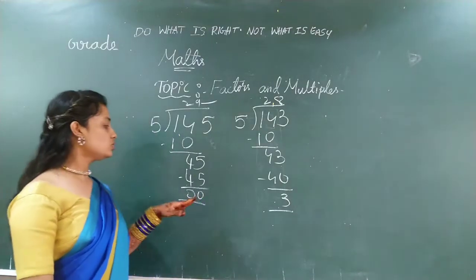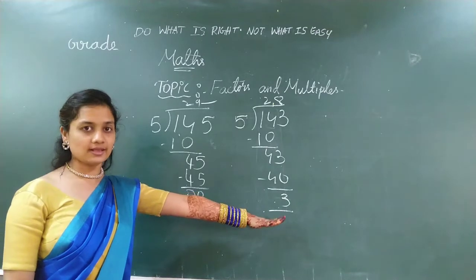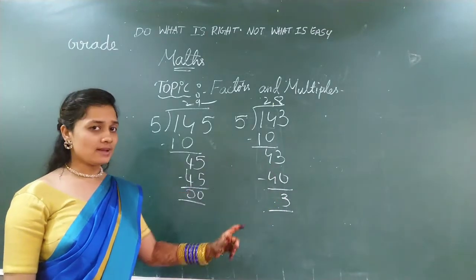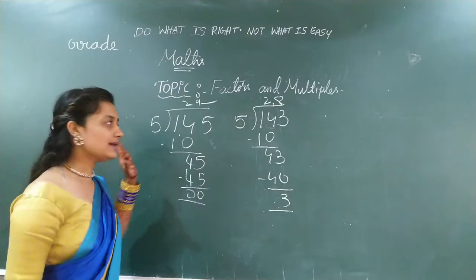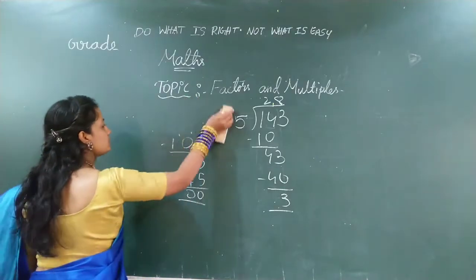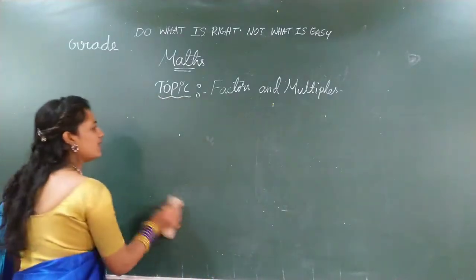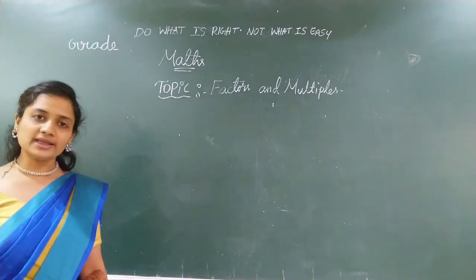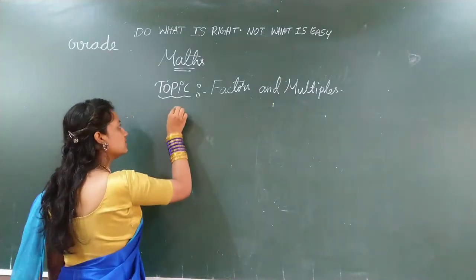Divisible means you should get remainder 0, not a remainder like this. So we check whether a given number will be divided by this number or not. Now I am going to teach you some tricks wherein you will be able to find whether a number will divide or not.